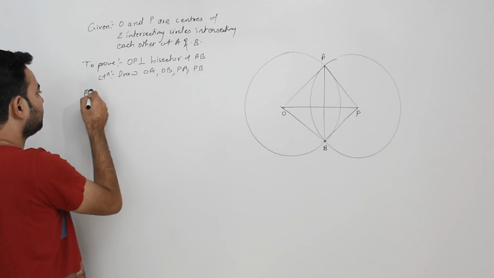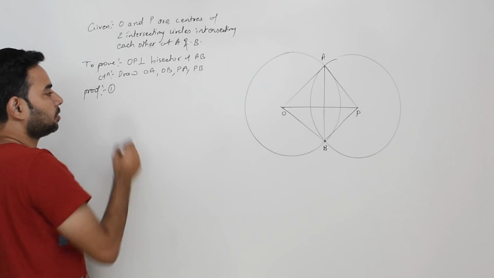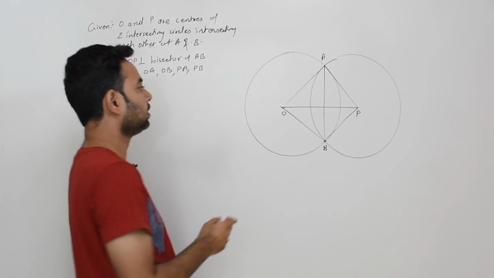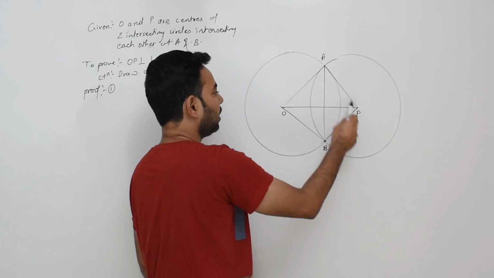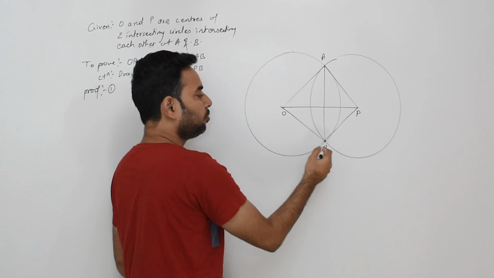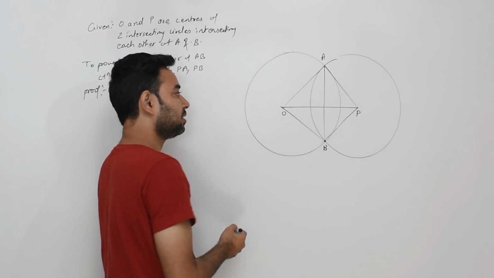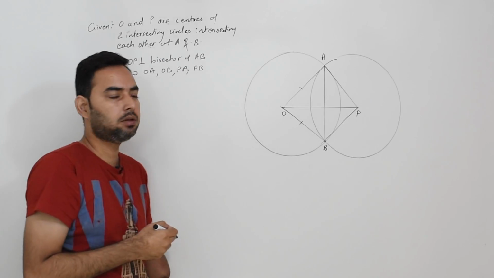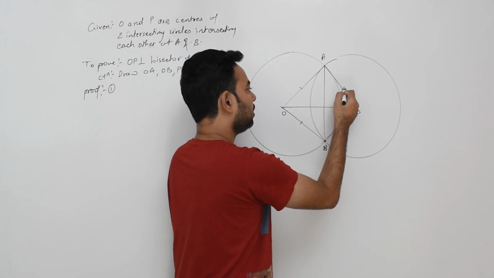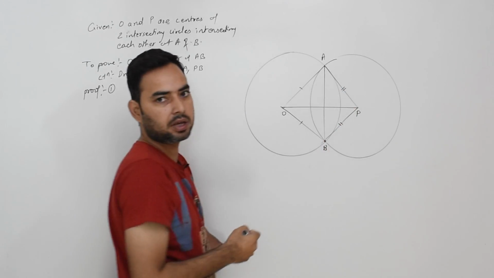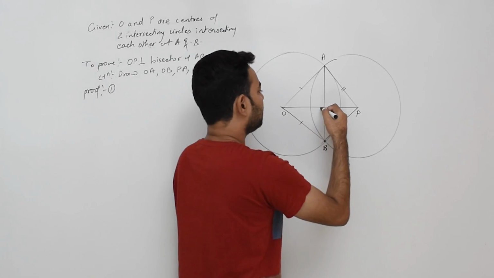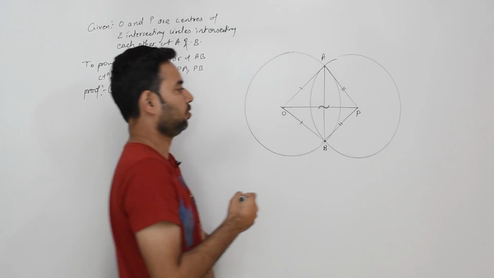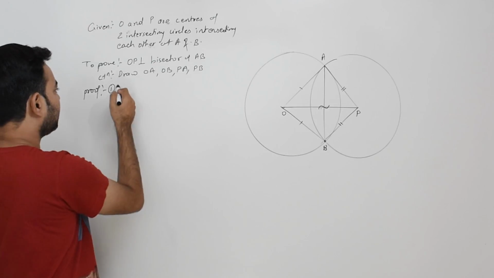Then the proof is, first point, we know that triangle OAP is congruent to OBP by SSS test. How? Because OA is equal to OB, AP is equal to BP, radii of the same circle, and this is the common side OP.